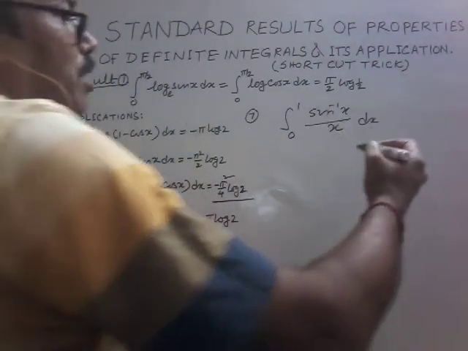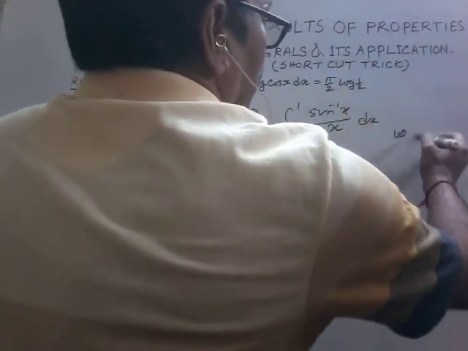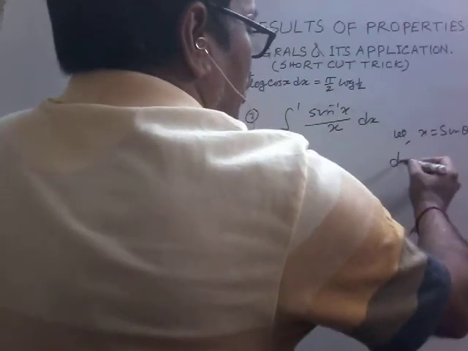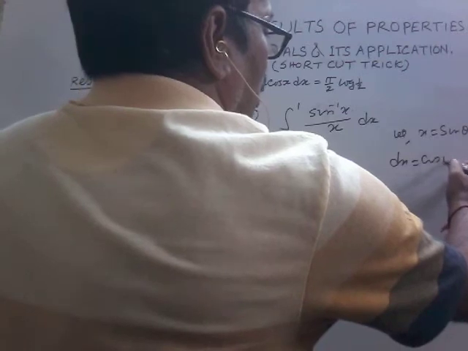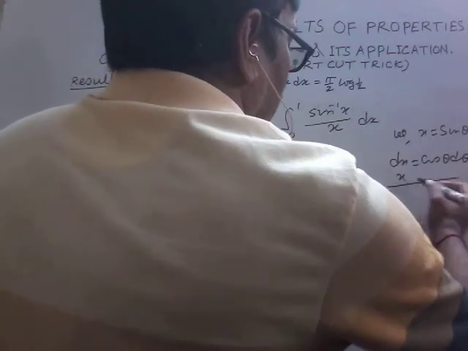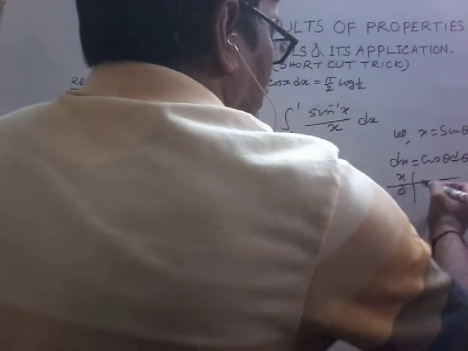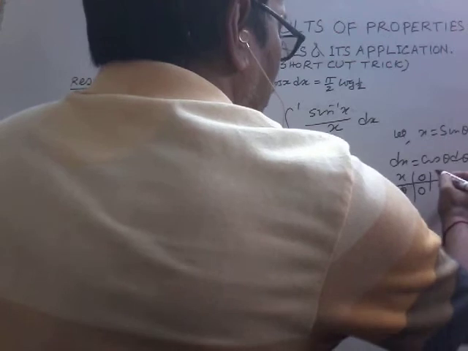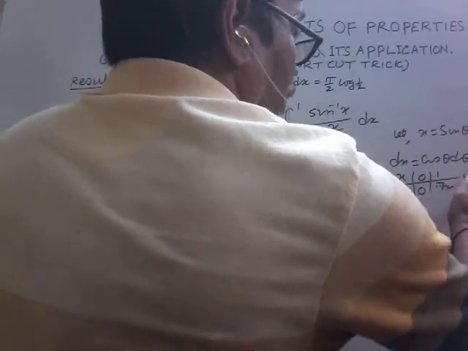So we put a transformation. Suppose x equals to sin theta. So what is dx? Cos theta d theta. Now the change of limit. If it is 0, then it is 0. If it is 1, then pi by 2.